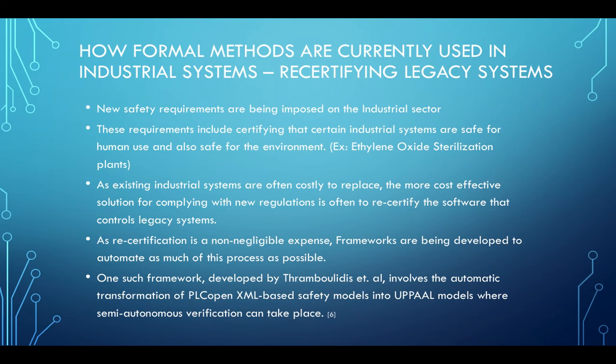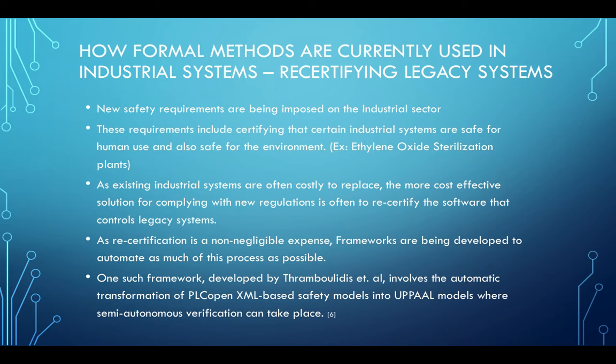Another example of formal methods being used today in industry is formal methods being applied for recertifying legacy systems. So all over the world, new safety requirements are constantly being imposed on industry. And these new requirements are often imposed for the good of people, sometimes for the environment.